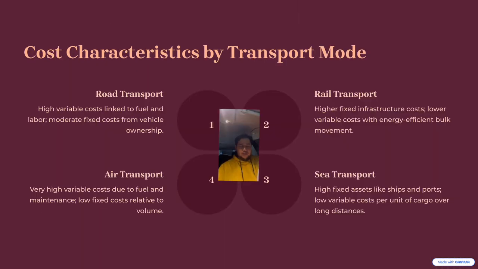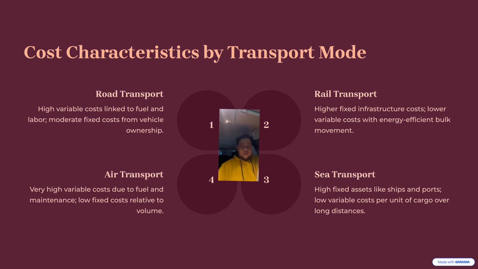So for the last question, slide 10, cost characteristics by transport mode. There are 4 transport modes. The first one is road transport, high variable costs linked to fuel and labor, and moderate fixed costs from vehicle ownership. Number 2, rail transport, higher fixed infrastructure costs, lower variable costs, and energy efficient bulk movement.